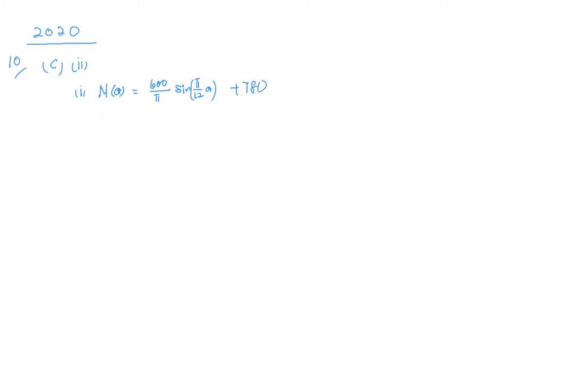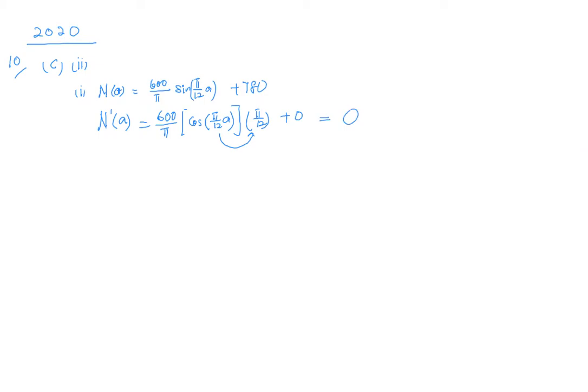So you have to get your N prime a. So copy down the whole thing. Differentiate sin, you get cos. Write down the angle, times by the derivative of the angle, that is pi by 12. Derivative of 780 is 0. Then you equate this equal to 0 because they ask for minimum.